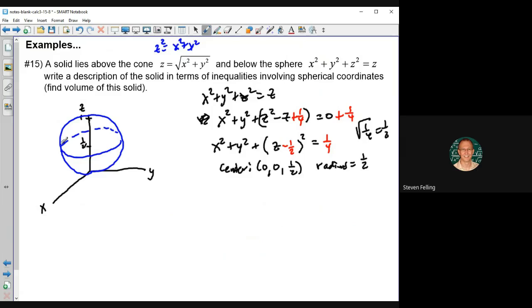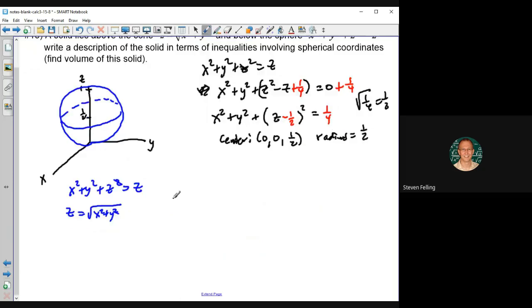The maximum radius in the parallel to the xy plane of the sphere. So if I know that x squared plus y squared plus z squared has to equal z to be on the sphere, and I know that z has to be the square root of x squared plus y squared, I should be able to plug this z into this equation and find the intersection. Let's just do that real quick.